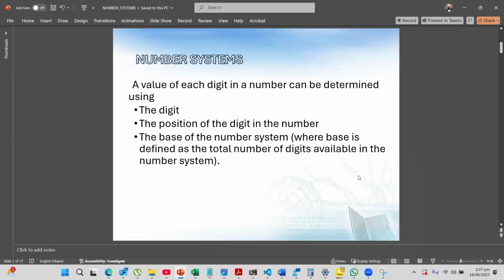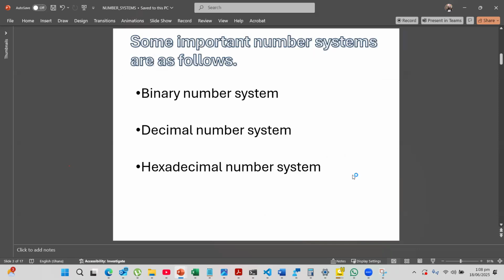The numbering system which we use is said to be decimal, or base 10 form. We need to learn the various number systems that the computer utilizes.